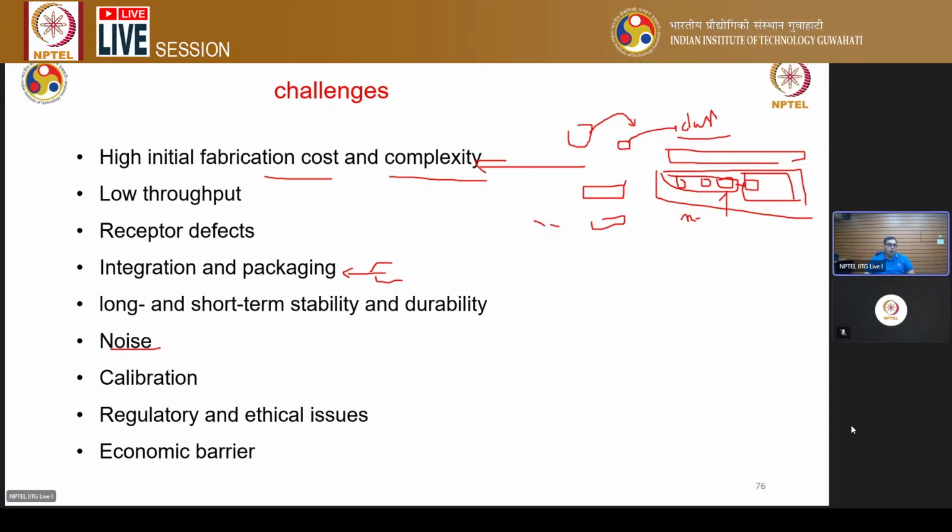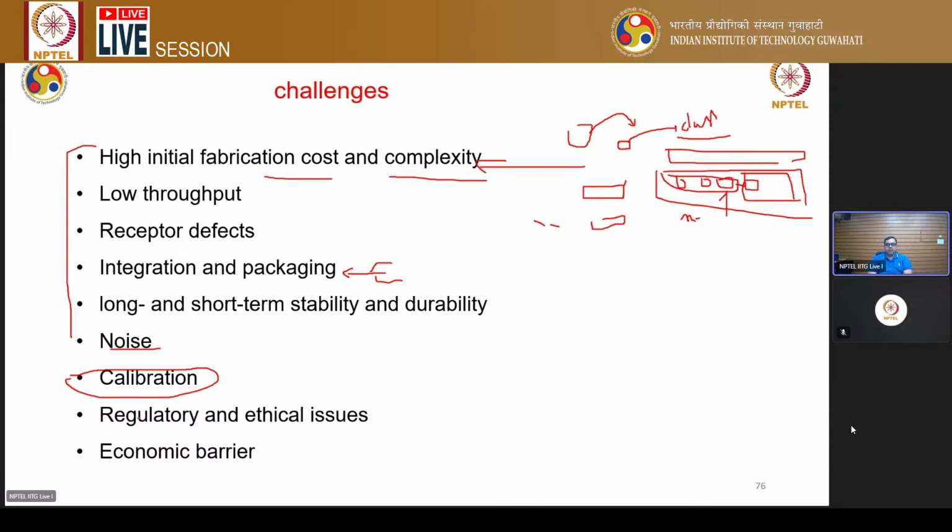And then all these sensors that we have discussed, most of them require calibration. So calibrating these devices is again a challenge. Then we have seen certain sensors, like certain healthcare devices, which pose a good amount of regulatory and ethical challenges.